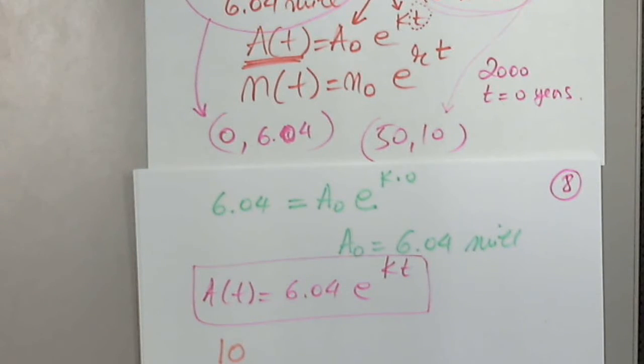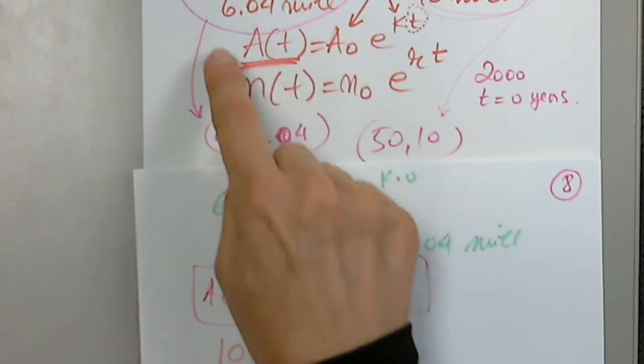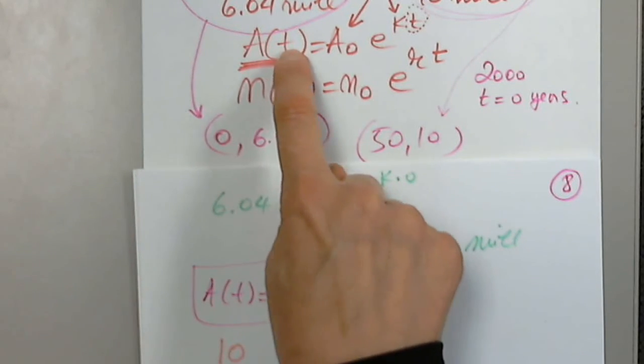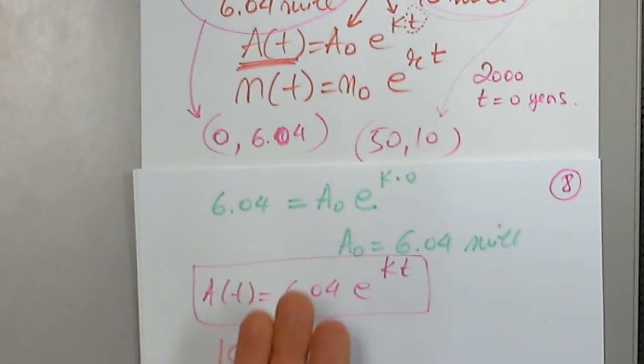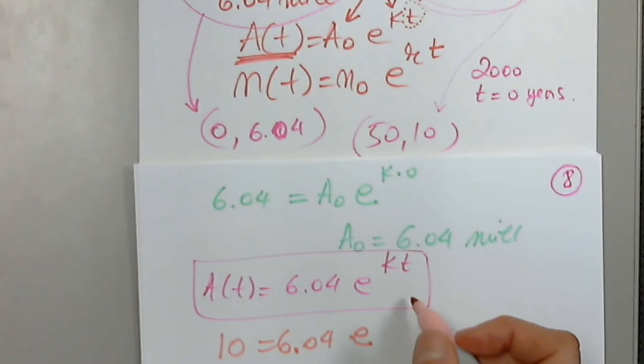When we are given an ordered pair, if I tell you 1, 2, I mean f of 1 is 2, right? So when x is 1, y is 2. Same thing here. When x is 0, y is 6.04. When x is 50, y is 10. So that's why the left-hand side here is 10, and the right-hand side is this, times e to which power?